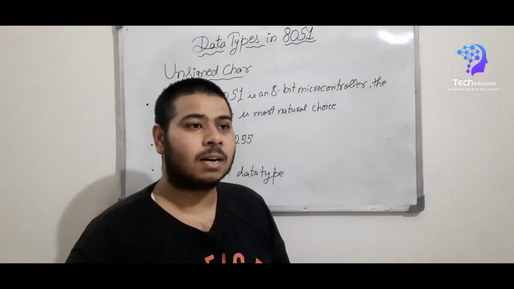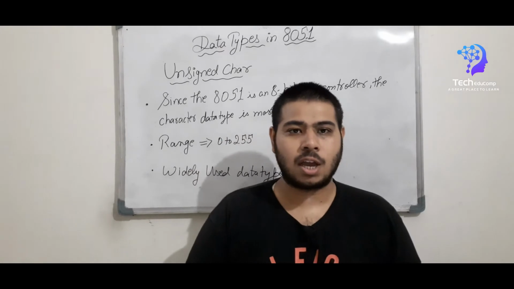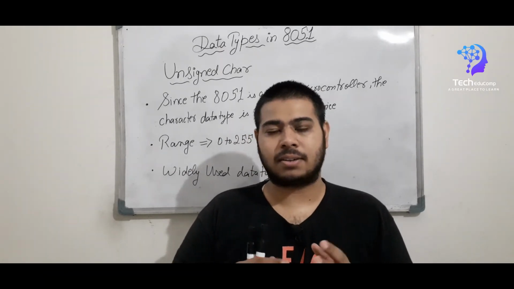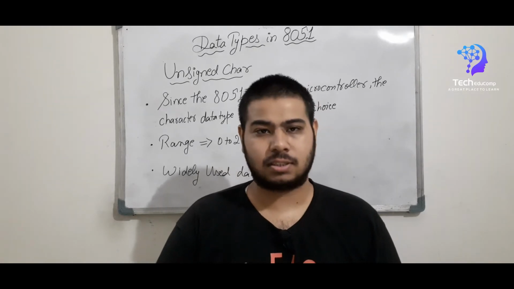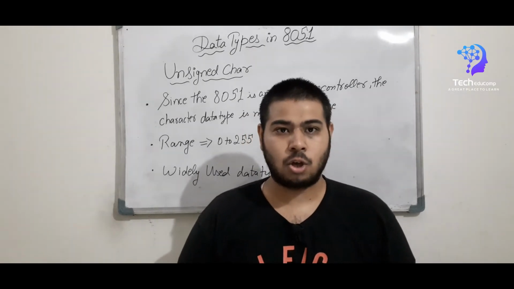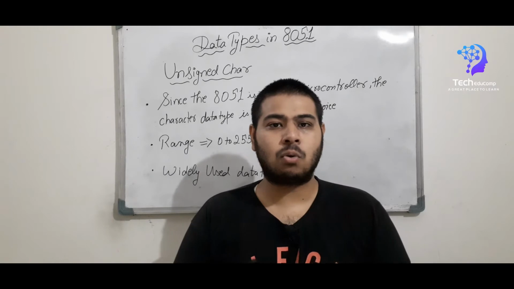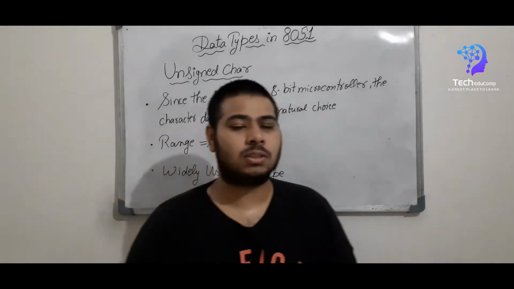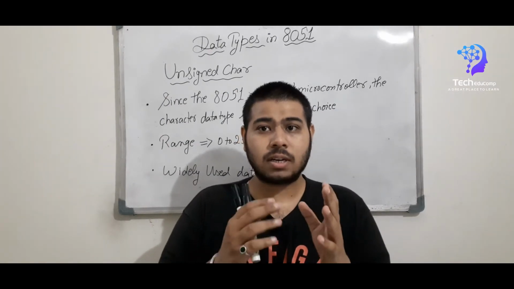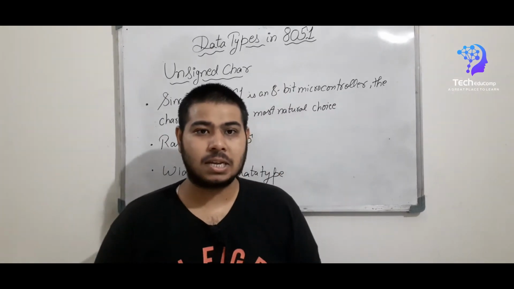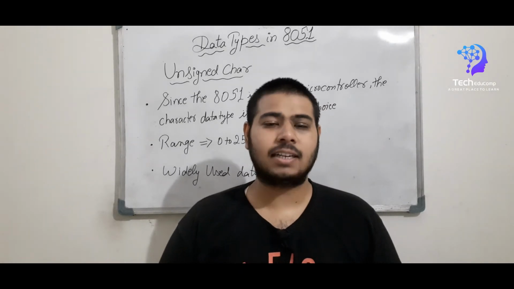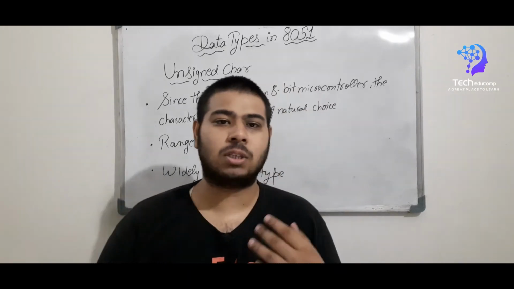For example, I have a counter to which I have to assign some values, and that counter can go from 0 to 255. For that, I will use unsigned character rather than signed character. The C compiler uses signed character by default unless we specify that we have to use unsigned character.